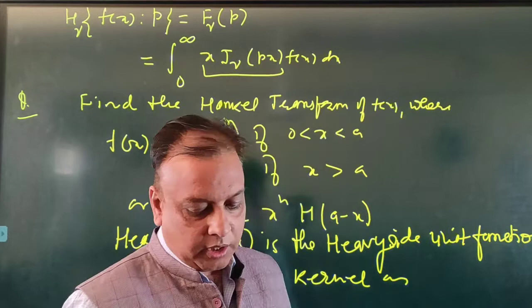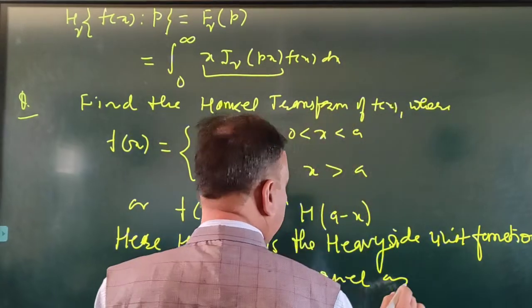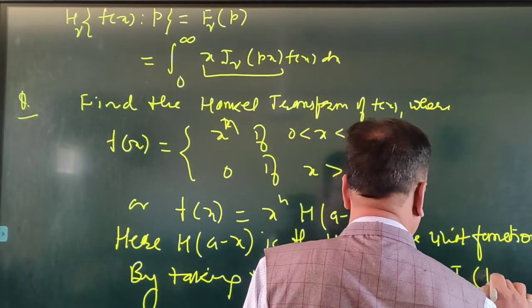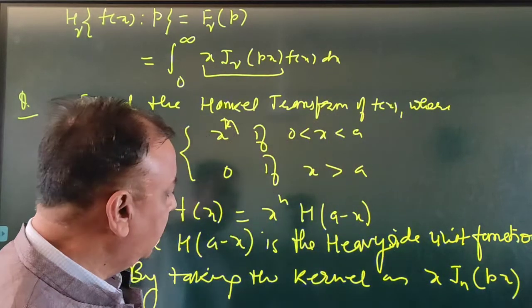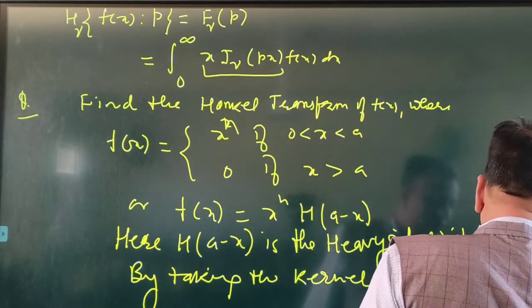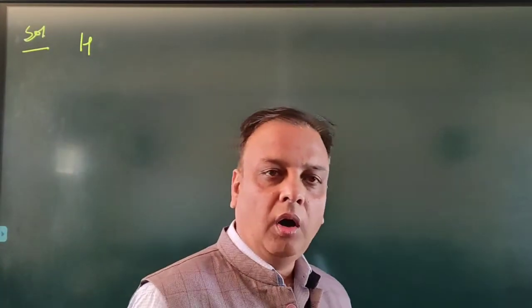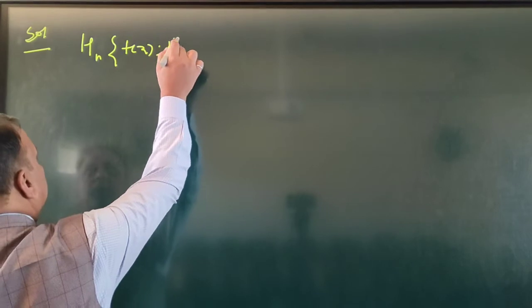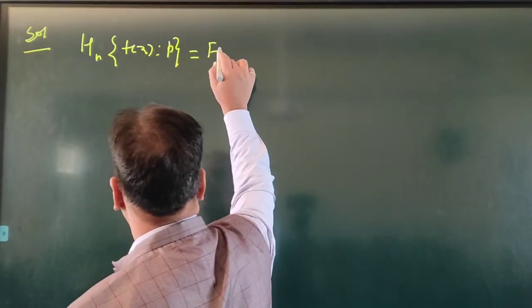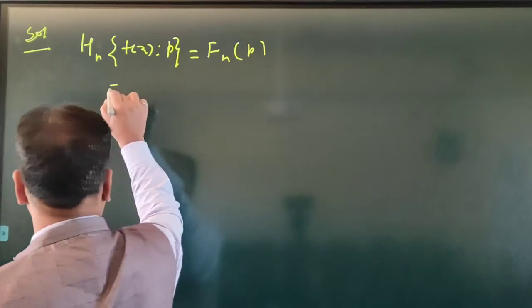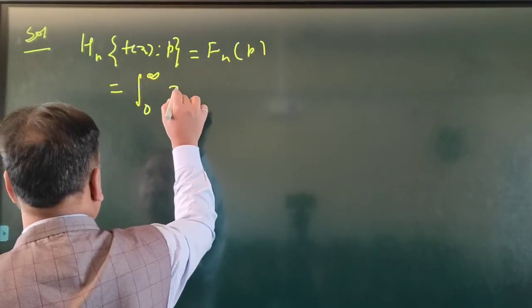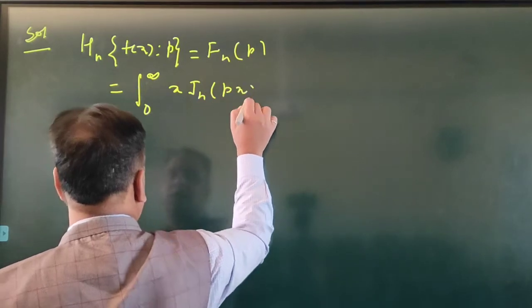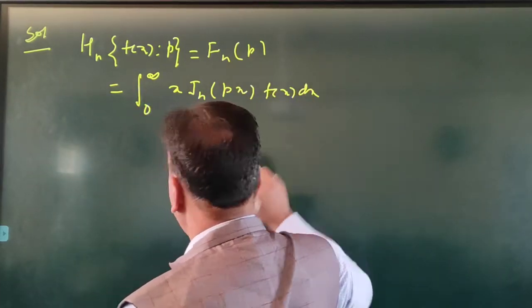The kernel of the transformation is x J_n(px). So the solution of the problem is the Hankel transform of the function of order n, H_n of f(x) with respect to parameter p. By definition, this is equal to f_n(p), which is the integral from 0 to infinity of x J_n(px), this is the kernel, f(x) dx.